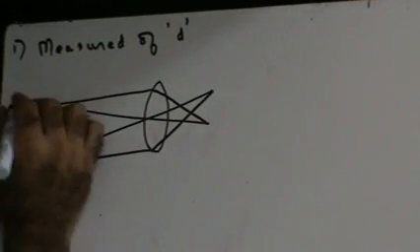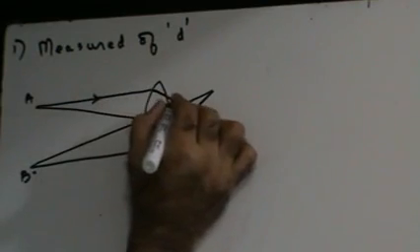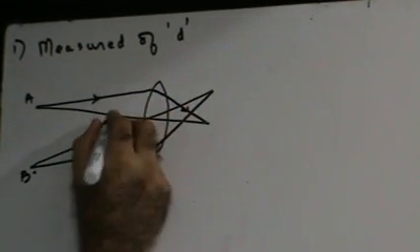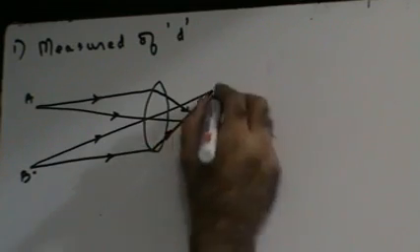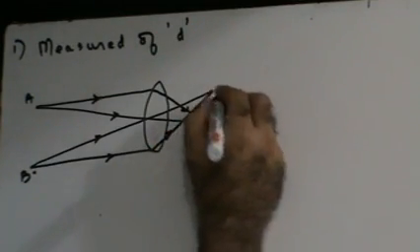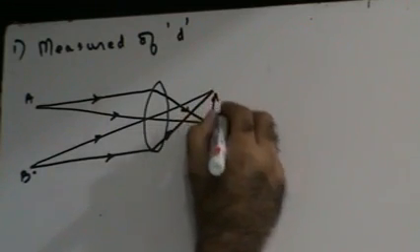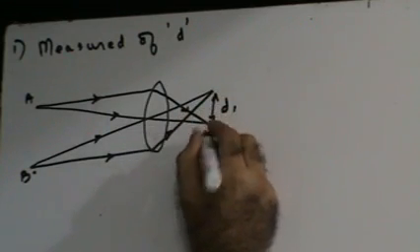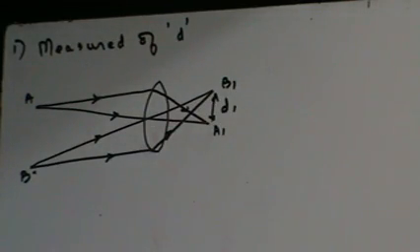Right, this is AB, rays of light move this way, and I would have D1, this distance is D1, which would be my image A1 B1.